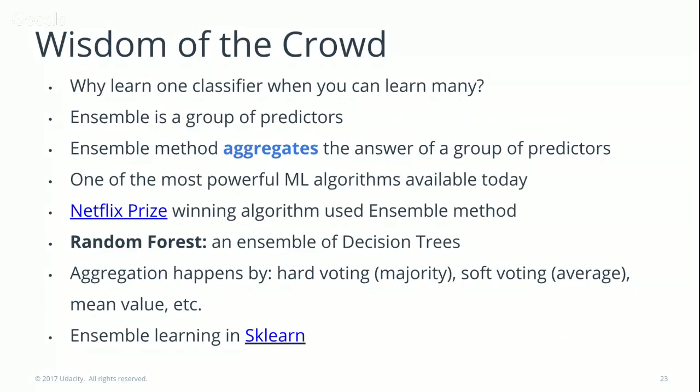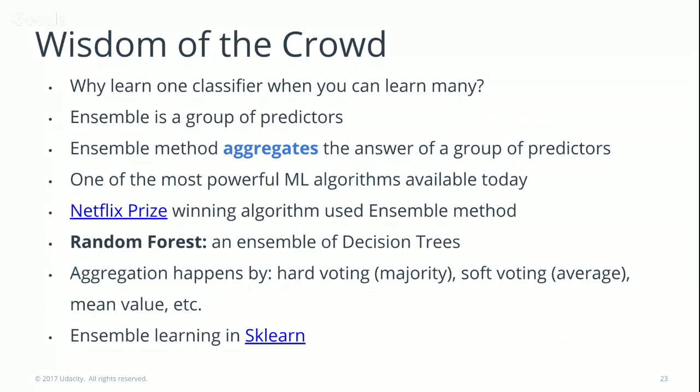It's one of the most powerful machine learning algorithms available today. The Netflix prize-winning algorithm used an ensemble method. So I didn't go over this, but in the videos that talk about random forests, they are essentially an ensemble of decision trees.